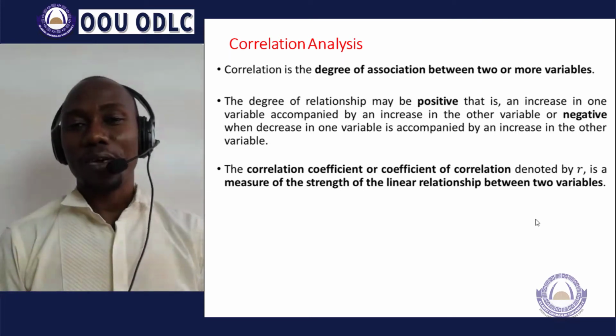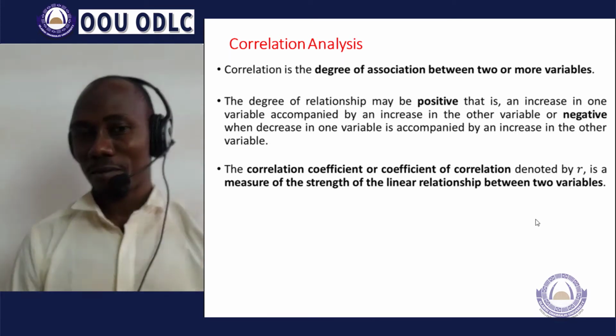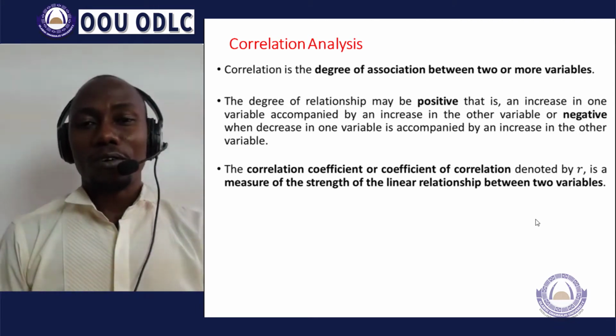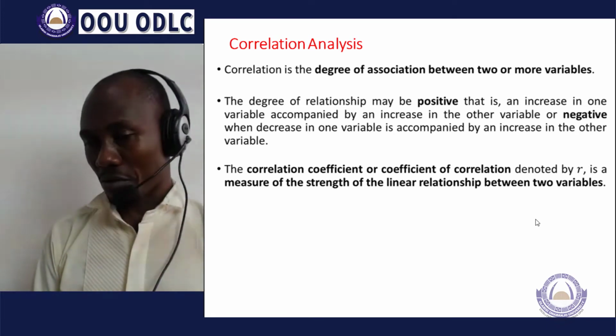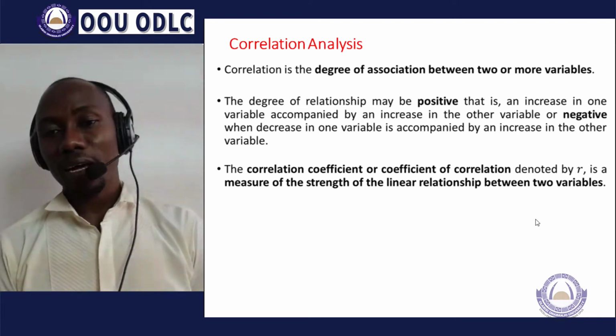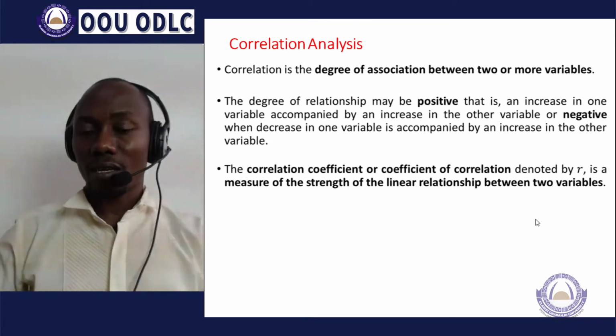It could be high or low. So correlation coefficient, or coefficient of correlation, is represented by R, and it measures the strength of linear relationship between two variables in this case.